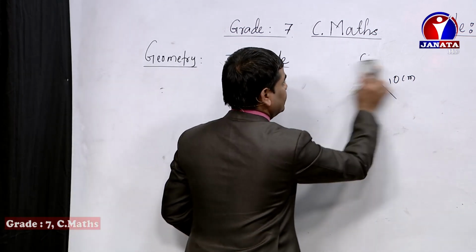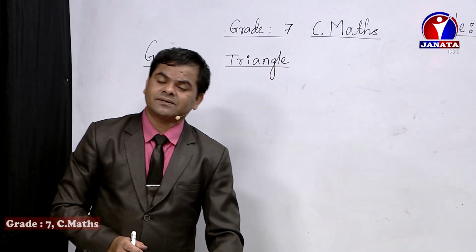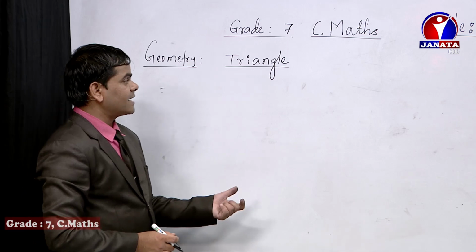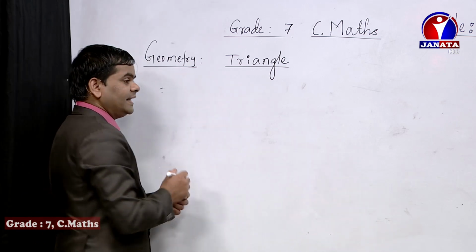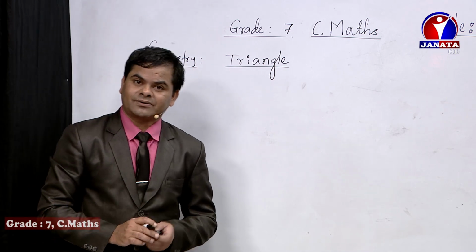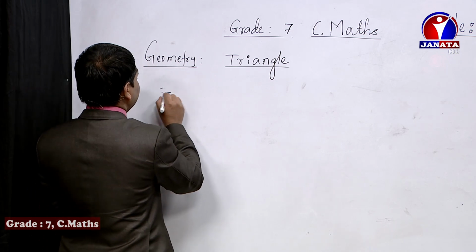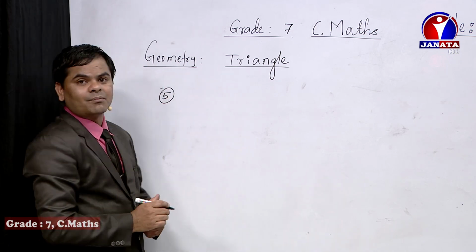Now dear students, generally people don't treat the 5th type of triangle as a type of triangle, but I also want to clarify: when the right angle triangle and isosceles triangle are combined, mixed together, another type of triangle can be formed as the 5th one.